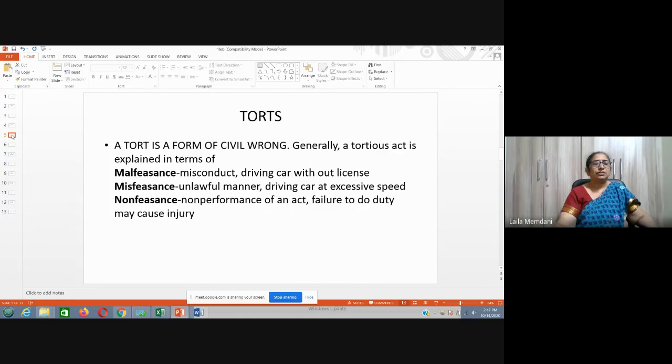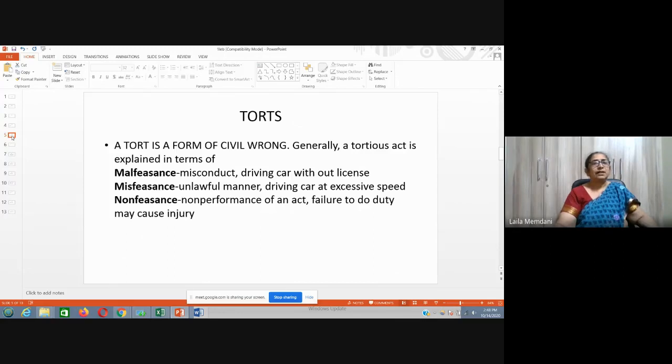What is a tort? A tort is a form of civil wrong. It is explained in terms of malfeasance. What does malfeasance mean? It is a misconduct, like driving a car without license. It is a misconduct. Without license, you are not supposed to drive a car, but you drive the car without a valid license.